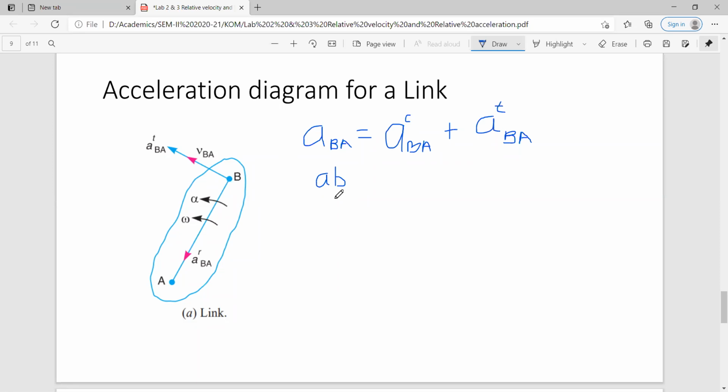But if you remember, we are using the small letters in case of velocity vector. So let us give some different name for acceleration in order to distinguish the velocity and acceleration.